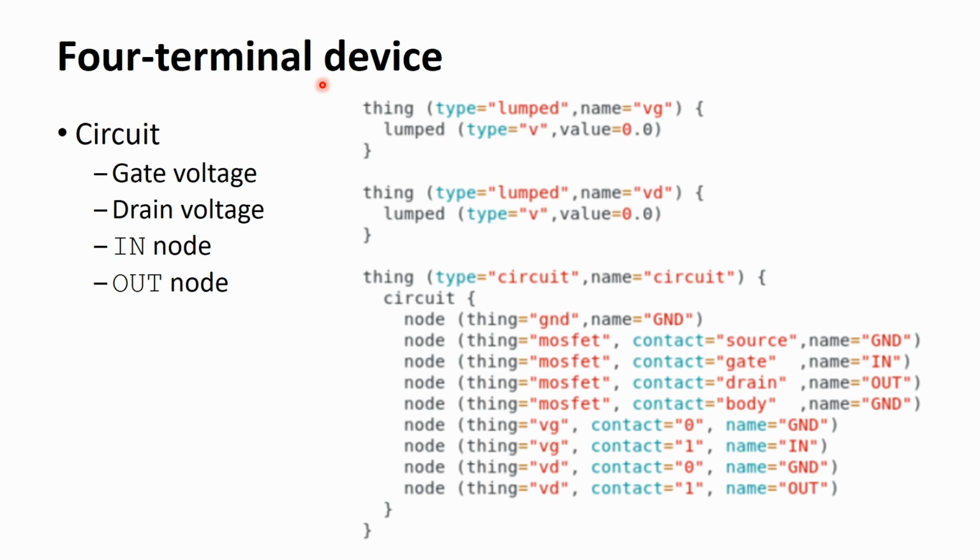Also, at least 2 independent voltage sources are connected even when the source and body contacts are grounded. Therefore, in this example, we introduce 2 voltage sources, VG and VD. They are connected to the in node and out node respectively.